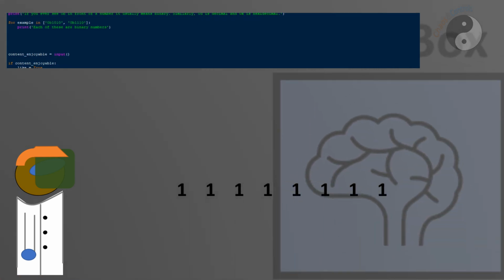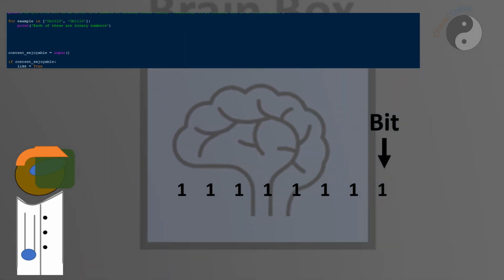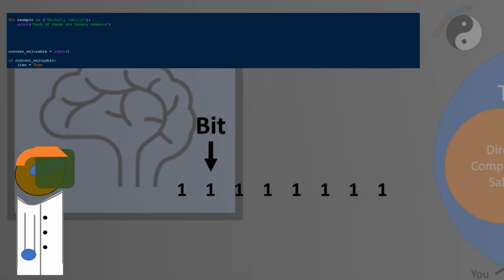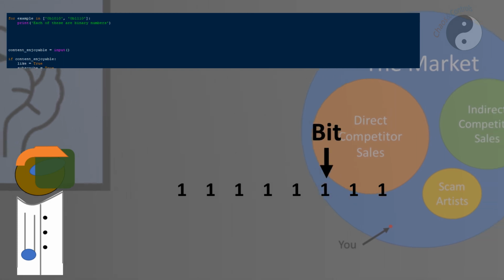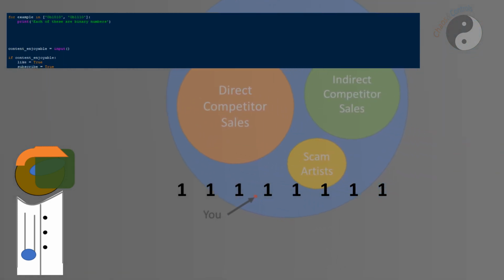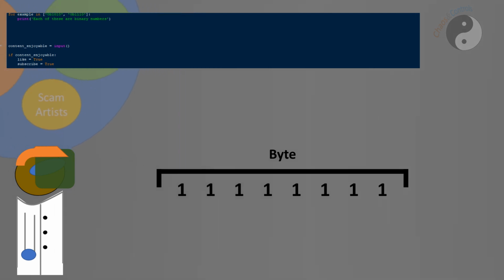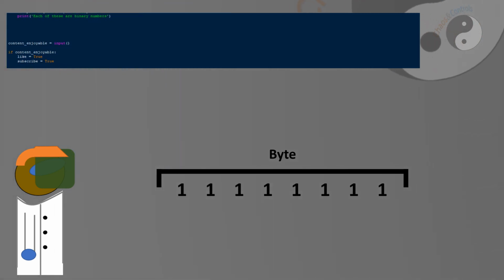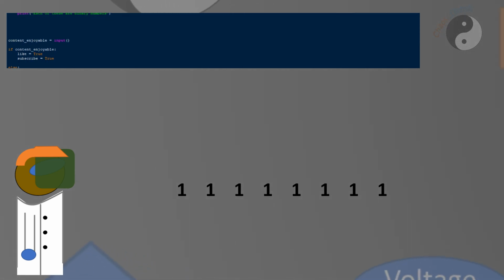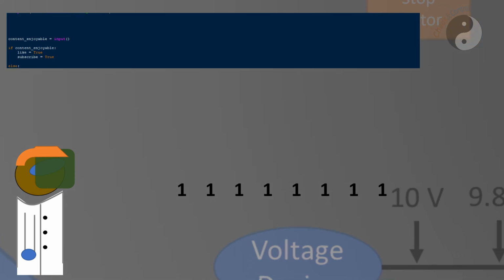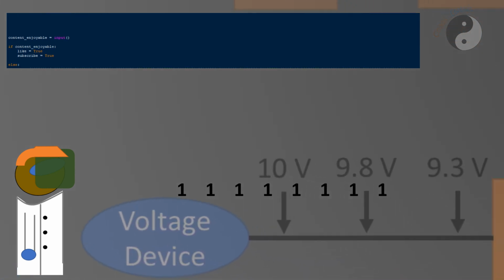Each one of these values is called a bit, as 8. And you may have heard that 8 bits make a byte. And so I have here an 8-bit number or a 1-byte number. And this is the standard size for a chunk of data in most modern computer systems and architectures.